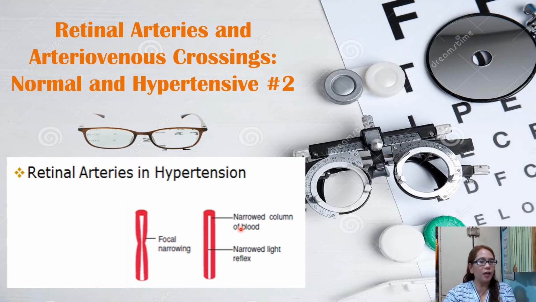Narrowed ang kanyang column of the blood. Narrowed din yung light reflex. So, the arterial wall thickens and it becomes less transparent. Kung i-compare nyo sa previous slides, malaki yung nasa gitna dyan na transparent.